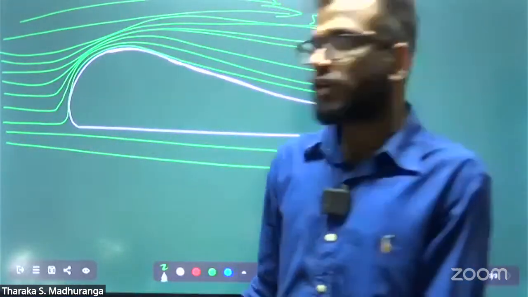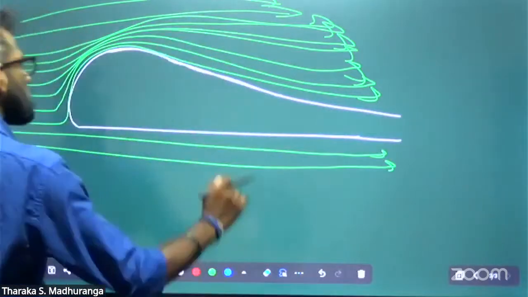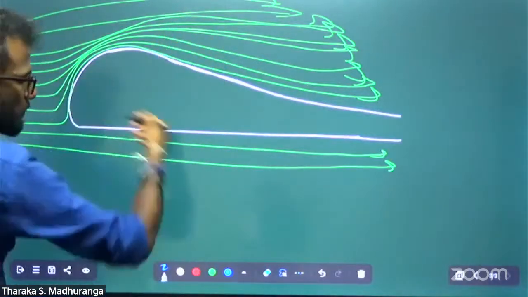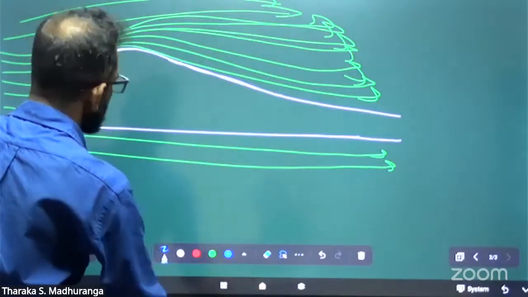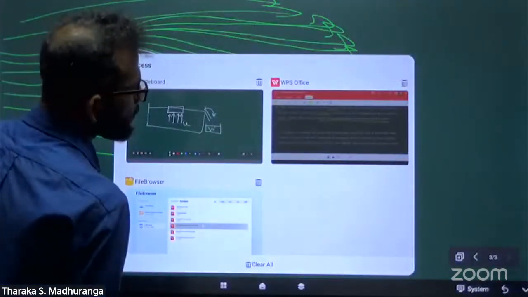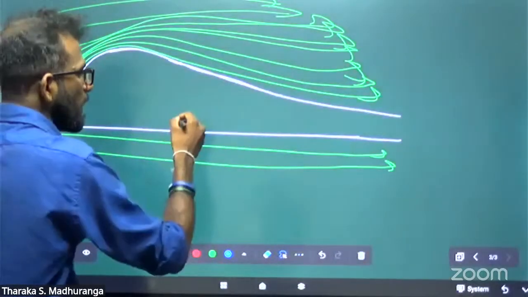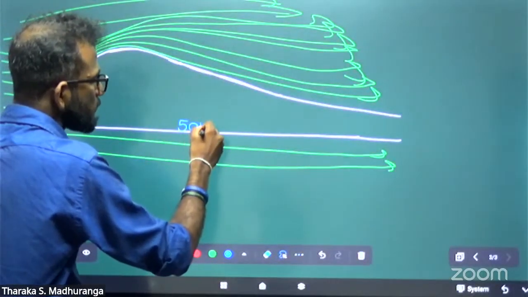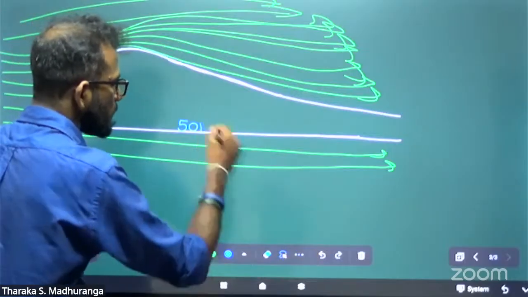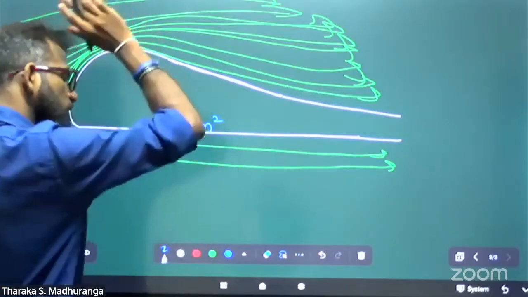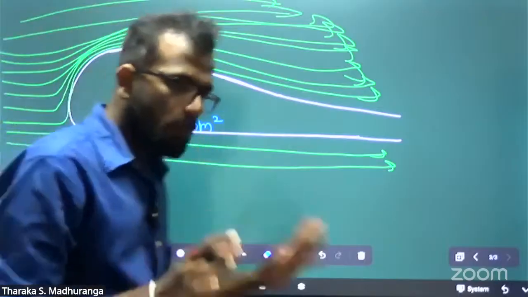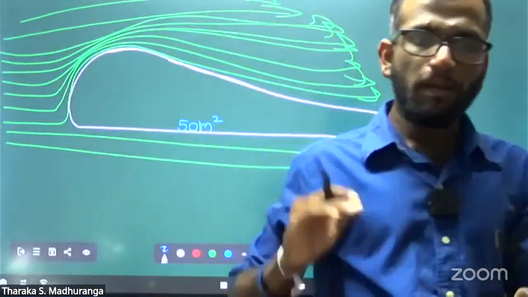Now, this question is given, when it is moving forward, the wing area is 50 square meter, sorry, not centimeter. Understand this question very well. All Bernoulli's theorem questions you need to apply like this.